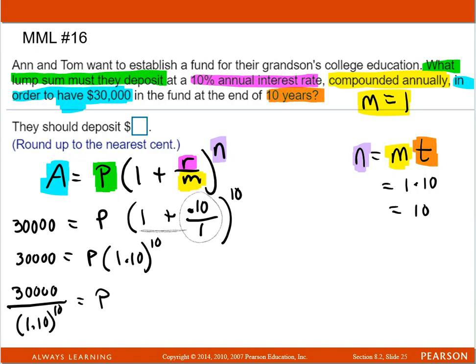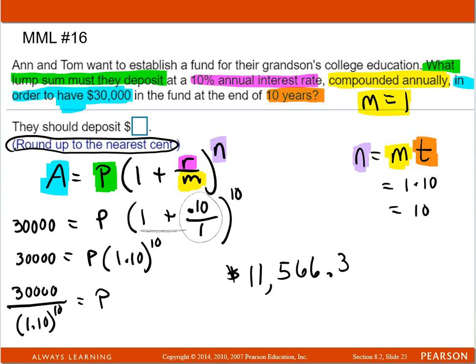And I just grab my calculator and do that. And when I'm done, my math lesson says round to the nearest cent. The nearest cent, 1 penny, would be the hundredths position. And so my calculator spits out $11,566.30.